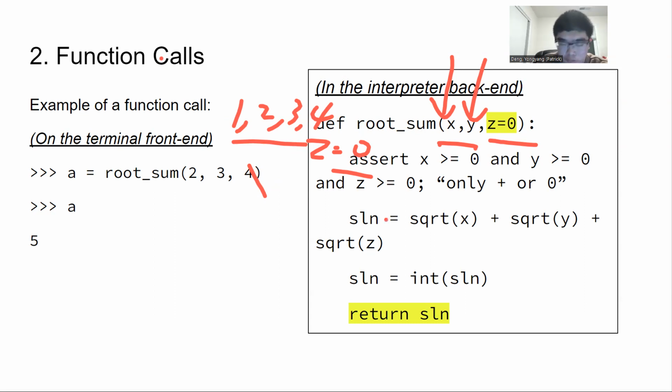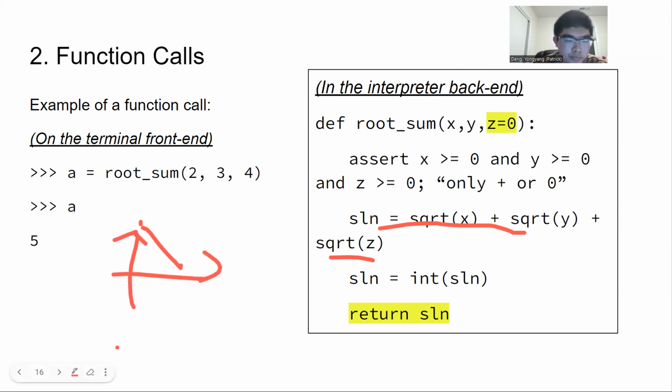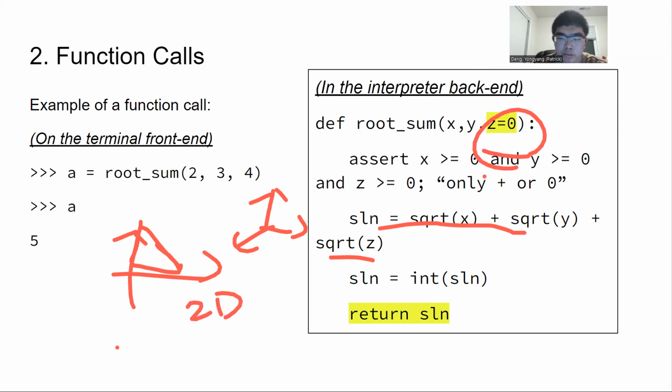Okay, so maybe you noticed what the root sum does. The root sum returns the calculated distance in space. So maybe you have the Pythagorean theorem, or a distance in 3D space. If you only calculate the distance in the 2D world, you don't have to input the c value, so it becomes 0, which makes sense.